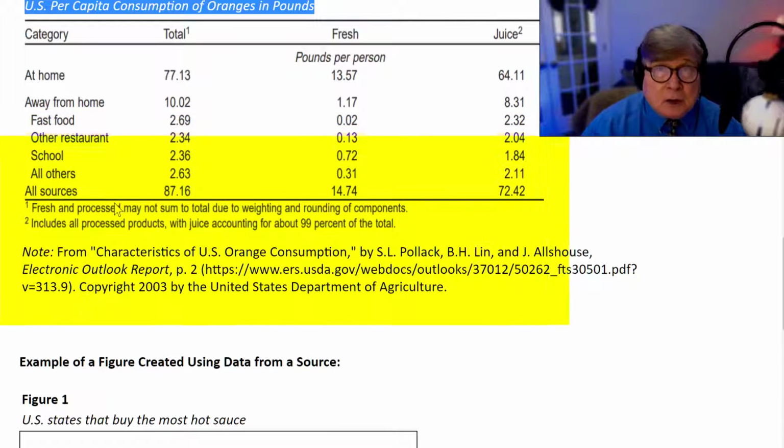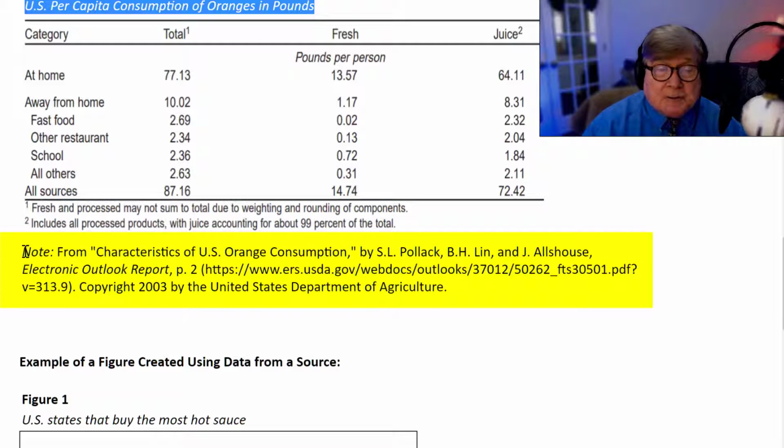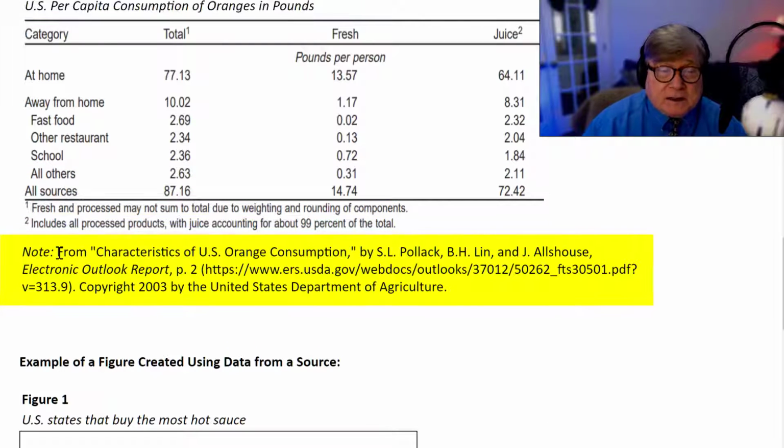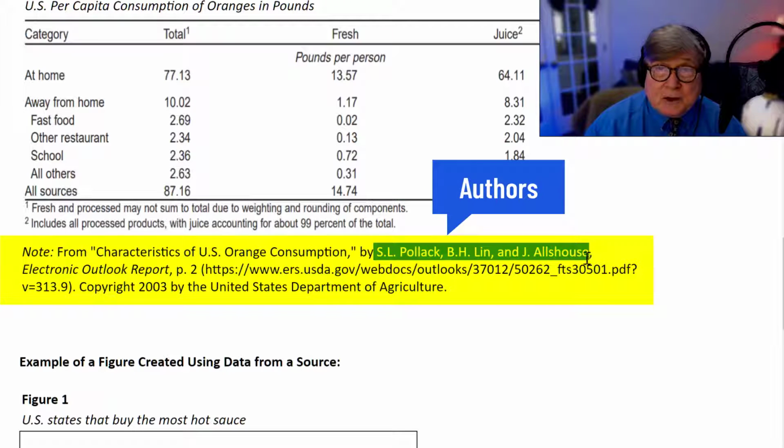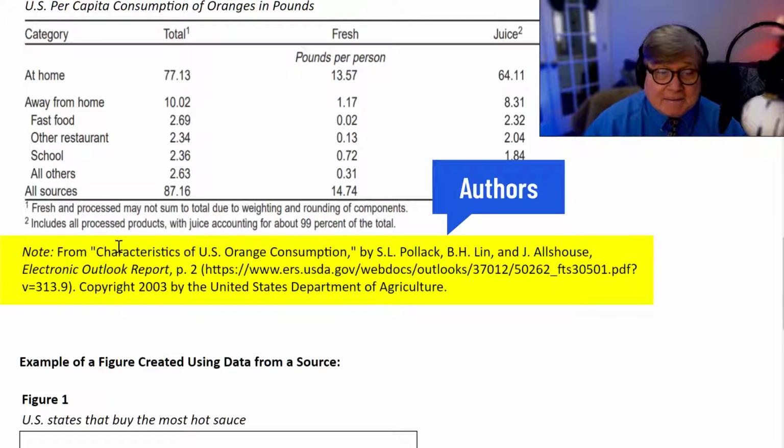And then below the reprinted table comes my note. Since it is copied and pasted, I use the word from, then the title, the authors of the original table, and notice that it's different than a reference citation. This is not a reference citation. You put the title first, and then the authors with their first initials, then last name. And then the rest of it is generally the same.